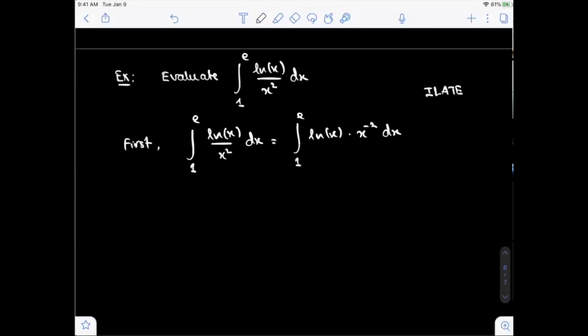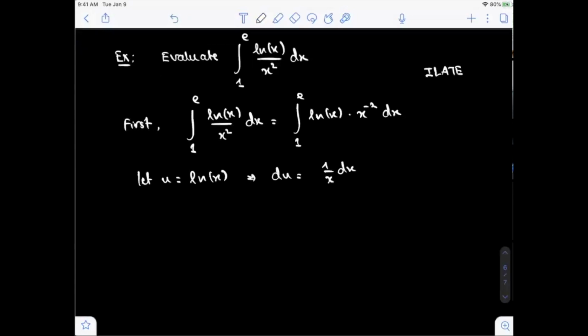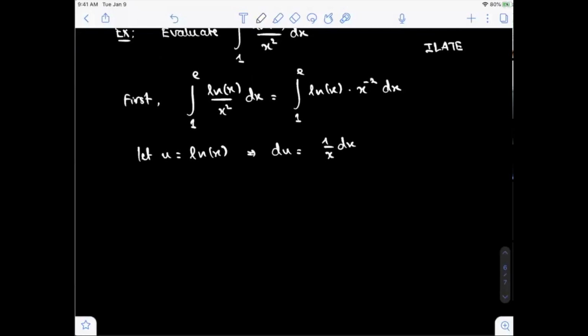Right? So you let u equal ln of x. Therefore, du is equal to 1 over x dx, and dv is equal to x to the negative 2 dx.